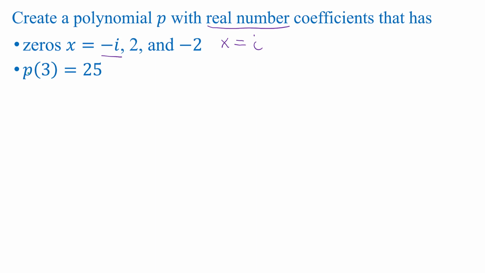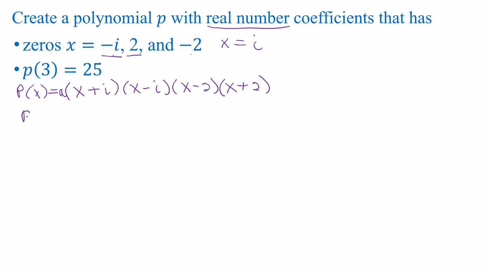So let's work on creating a polynomial p of x that is equal to, if negative i is a zero, then x minus a negative i, or x plus i would be a factor. Oh, I forgot to put an a here. So there's an a out front here. If x equals i is a zero, then x minus i would be a factor. If 2 is a zero, then x minus 2 would be a factor. If negative 2 is a zero, then x minus a negative 2 or x plus 2 would be a factor.